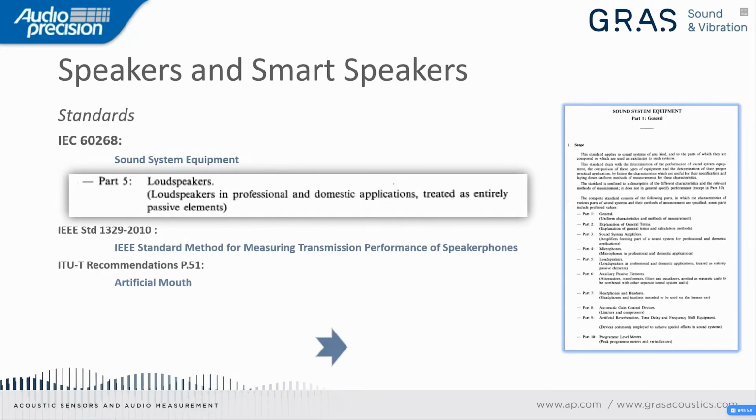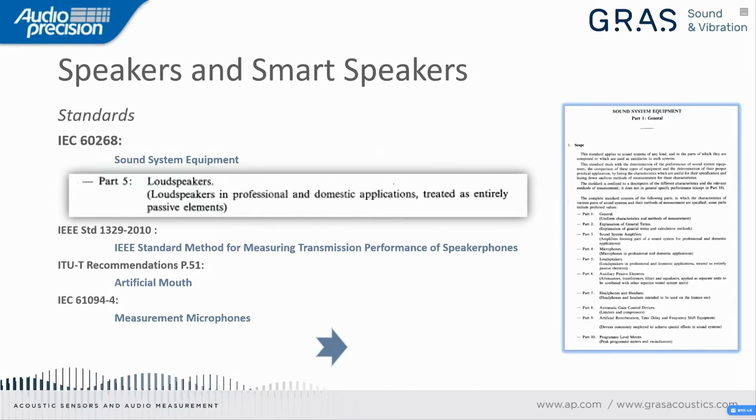We also have to mention the ITU-T recommendation P.51. This is the standard for the artificial mouth, which we are also going to use when we are testing smart speakers. Also, we have to mention the IEC 61094-4, the measurement microphone standard.